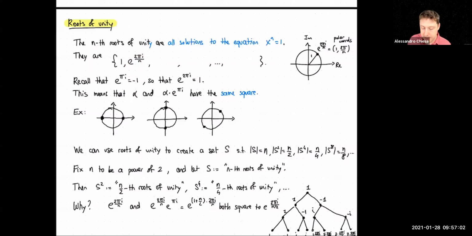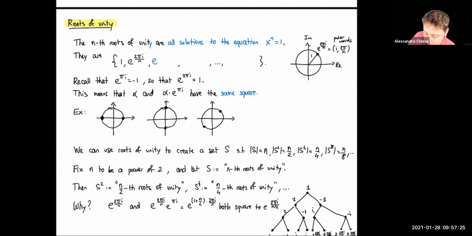The principal root is e to the 2 pi i over n, which in polar coordinates you can represent like this. There's a unit circle in the complex plane. There's the real line, there's the imaginary line, and you just basically take 2 pi over n radians up. And here you find e to the 2 pi i over n. And what are all the others?